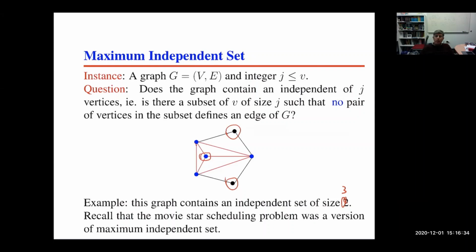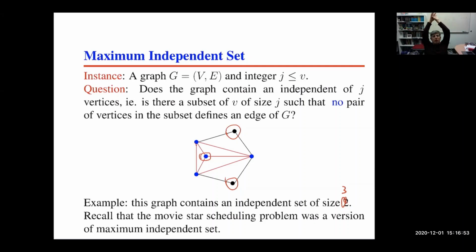In what way does this look like a vertex cover problem? Well, one thing that's true is both of them are graph problems, so that's a start. Both of them are problems about picking things, right?